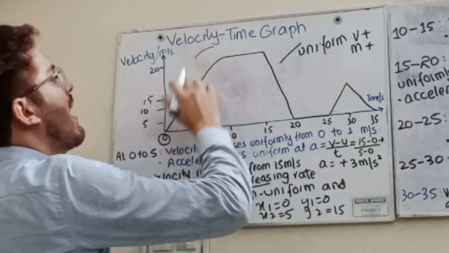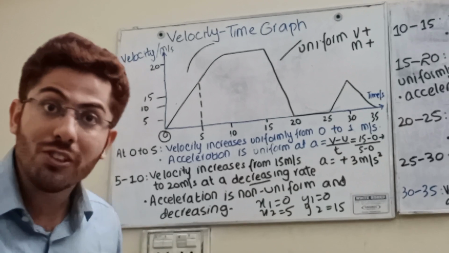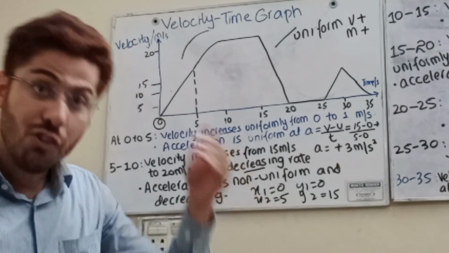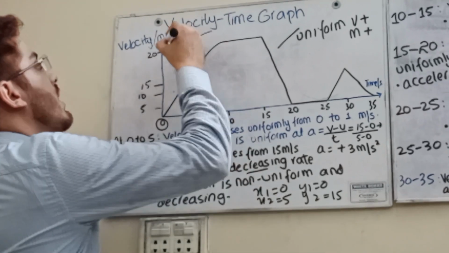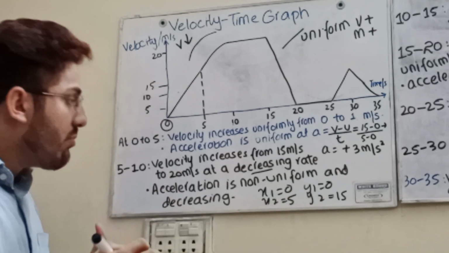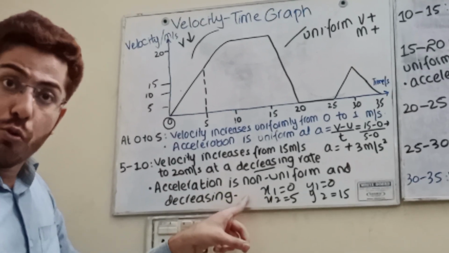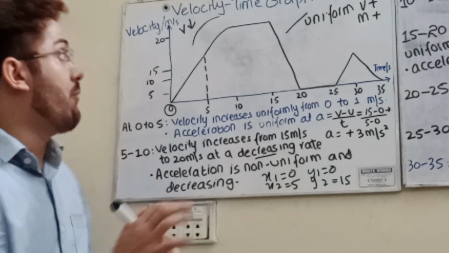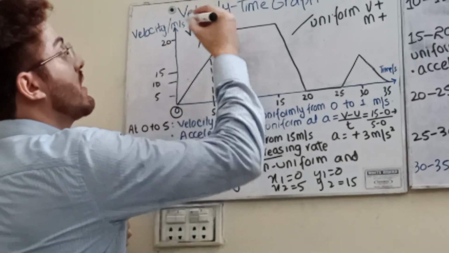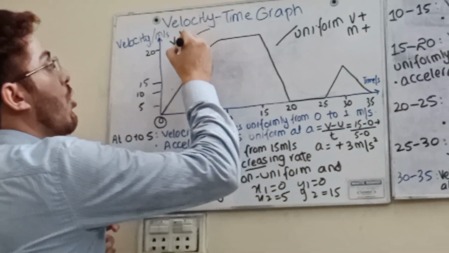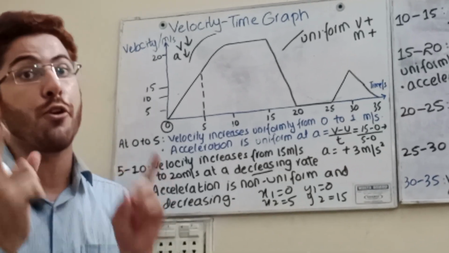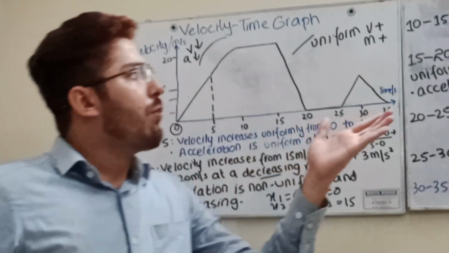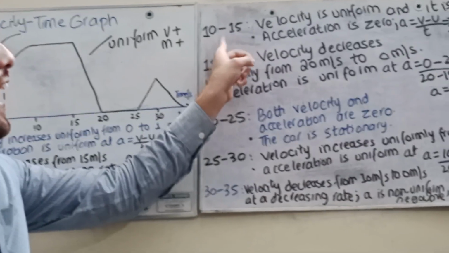I told you in my lecture that you are going to see the rate of change of velocity decreasing. Acceleration is non-uniform and decreasing. Remember my word. Whenever you see this curve, acceleration will also be decreasing and non-uniform.